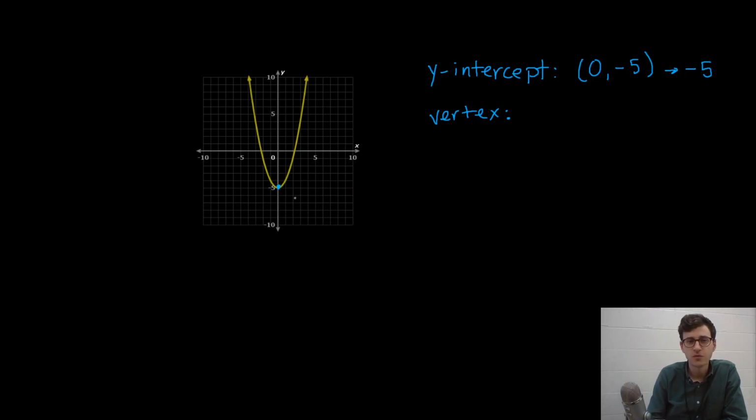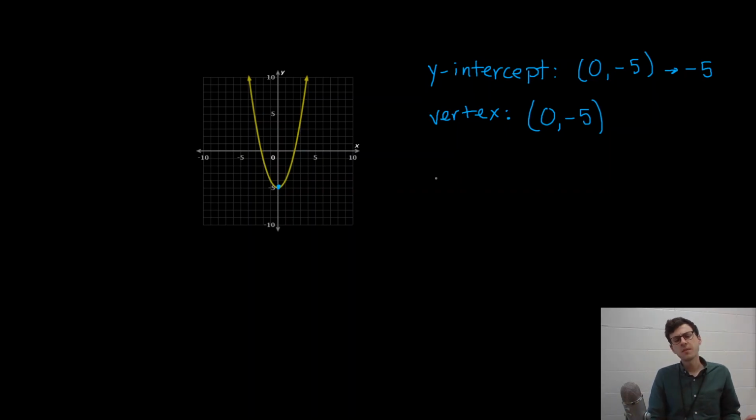And in this graph, the vertex and the y-intercept just happen to be the same thing. That won't always be the case, but in this graph, they are. So the vertex here is the x and the y points, and here that's (0, -5). So that's my vertex. It's the point where the curve of my graph is.